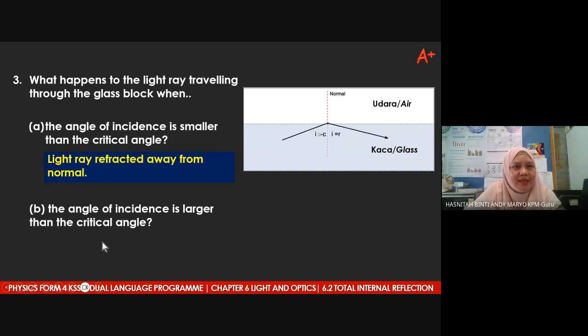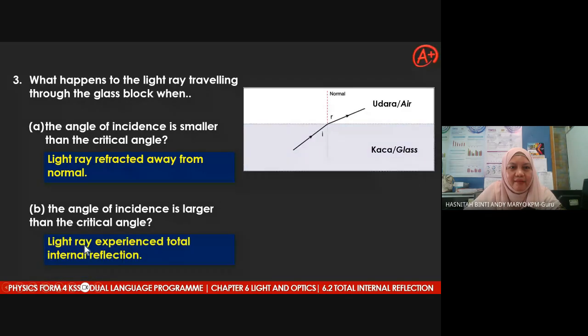In the second question, what happens when the angle of incidence is greater than the critical angle? When i is greater than C, the light ray experiences total internal reflection. So in short, total internal reflection begins with refraction when light travels from a denser to a less dense optical medium.